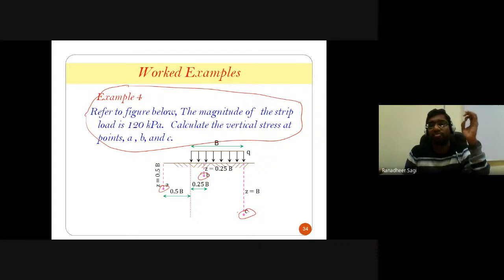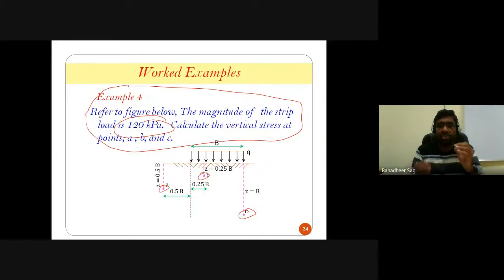And once you know your alpha value and beta value, you can simply substitute into that expression, knowing your Z value which you are looking at and the intensity of your strip load given in this particular case. So your strip load is given as 120 kilopascal. Once the strip load and Z values are known, the only thing you should clearly understand is, with respect to point A, how much is your alpha angle and beta angle?